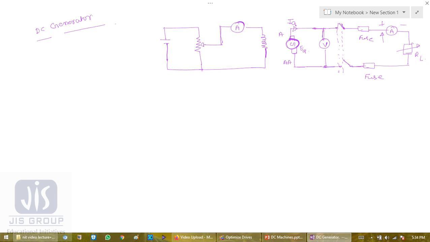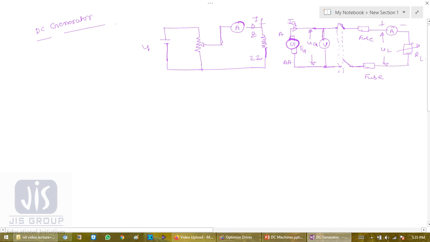Okay, so let's assume this as U, this is Z, ZZ, and this is IF. Let's assume this voltage as UA. Okay, and this voltage UL. So this is the separately excited DC generator. Okay, this is the connection diagram.